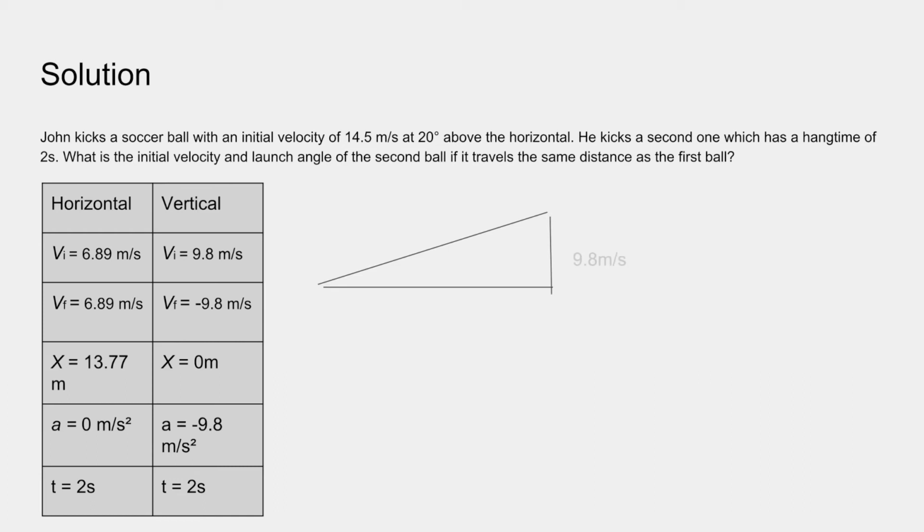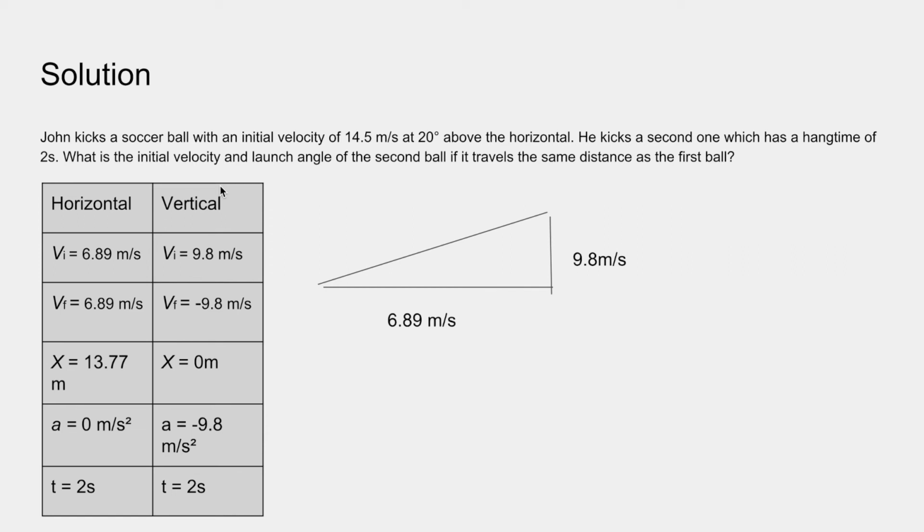When we make this a right triangle to solve for the total initial velocity, the opposite side length is 9.8 meters per second, and the adjacent side length is 6.89 meters per second. In order to solve for the initial velocity, we're going to use the Pythagorean theorem.